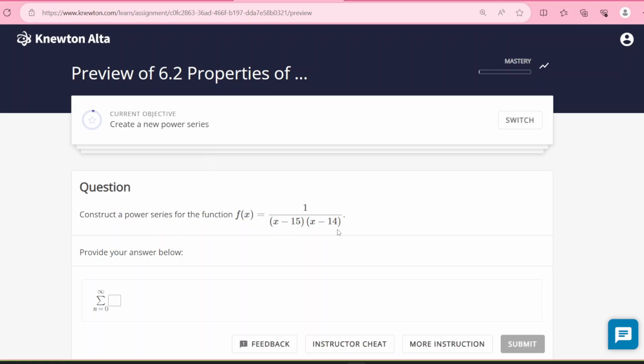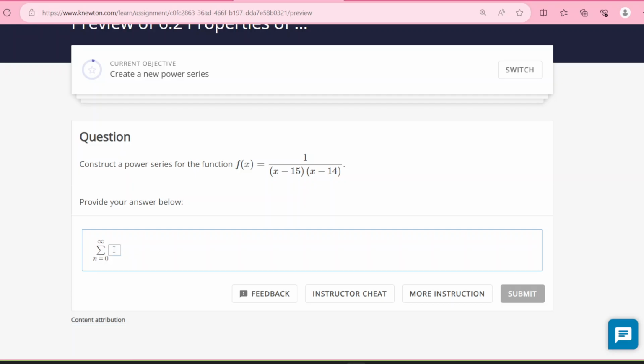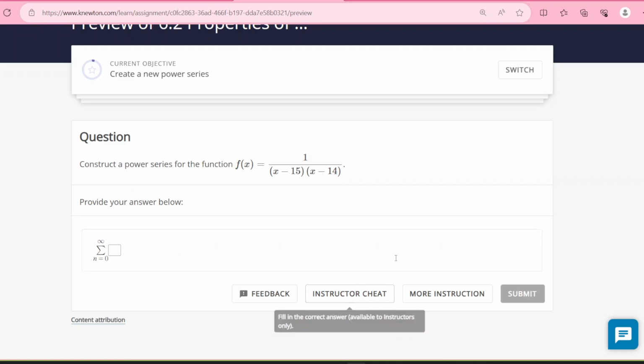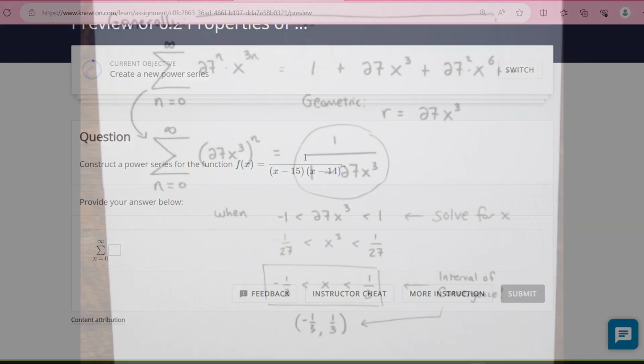So I'm going to go over this a couple of different ways, and then I'll enter something in this box here, and hopefully it'll work out. If not, I'll see what they want with the instructor sheet, and maybe we'll enter some feedback to Newton, but we'll see what happens.